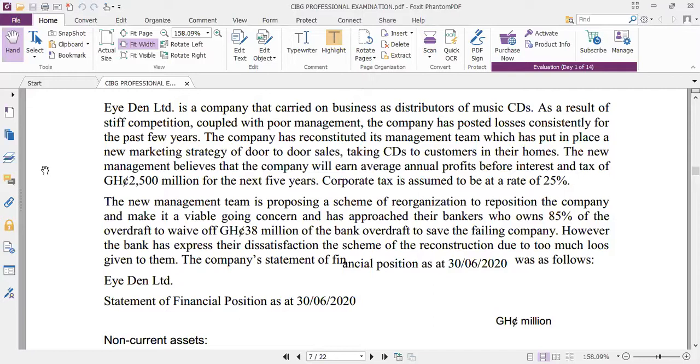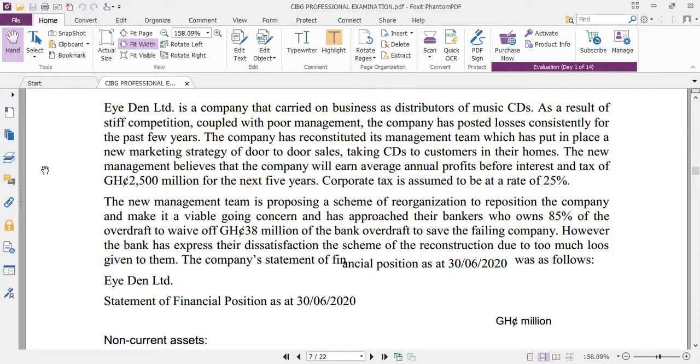However, the bank has expressed their dissatisfaction with the scheme of reconstruction due to too much loss given to them.